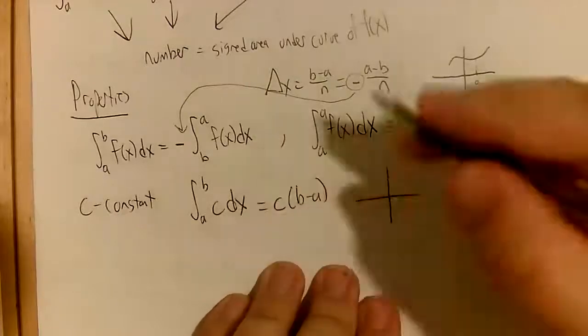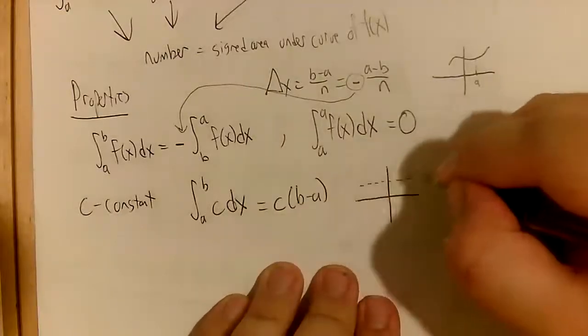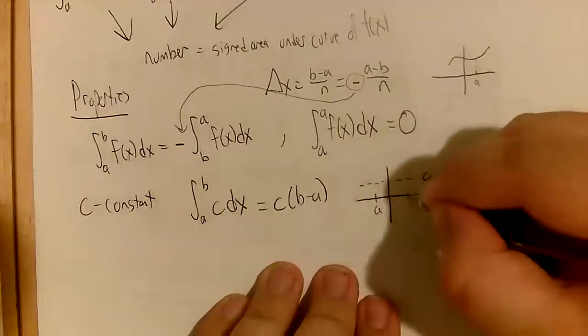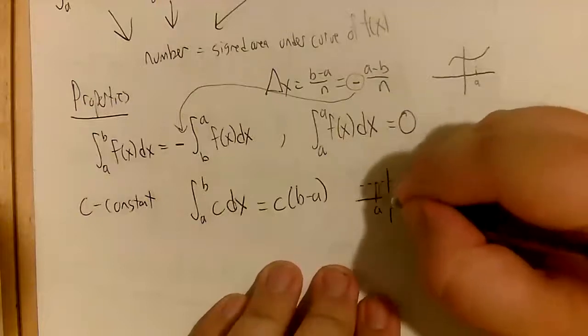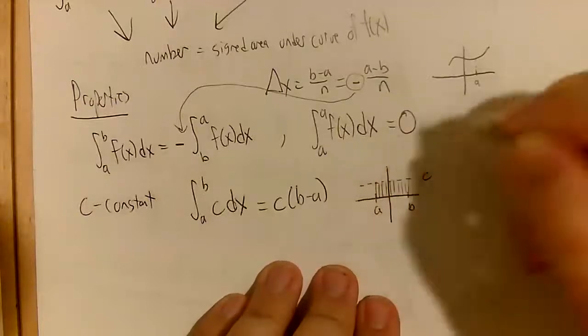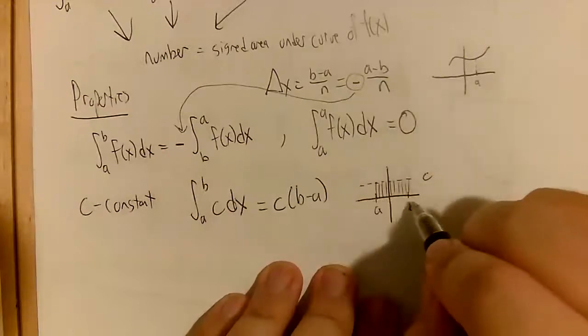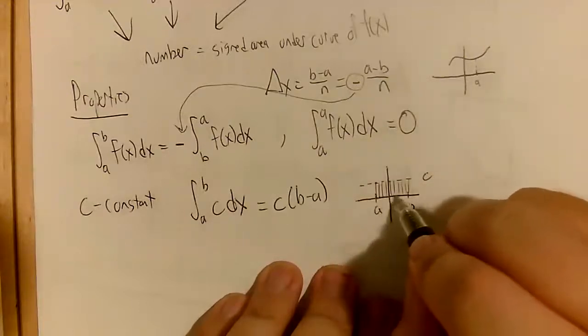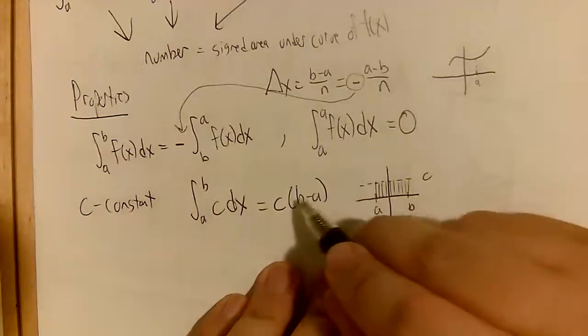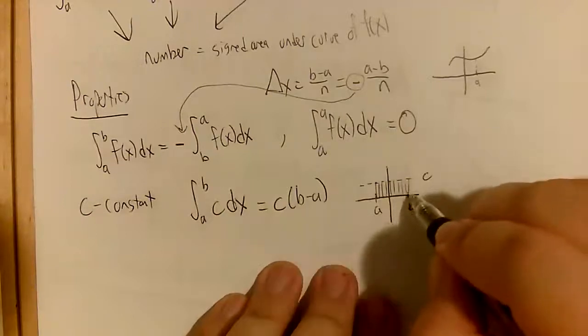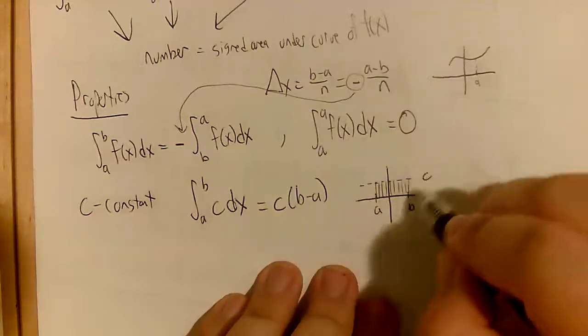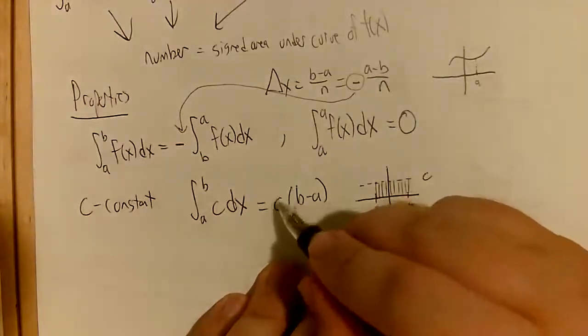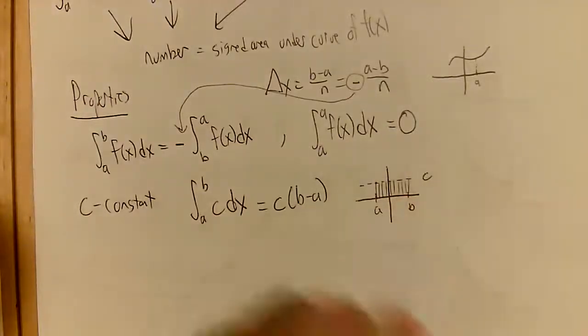So if our function is the constant function c, and then we have a and b here, then the area under this curve will form a rectangle. And the width of this rectangle will be this length, b minus a, and then the height of this rectangle from the x-axis to our curve will be c. So this is the height times the width for our rectangle.